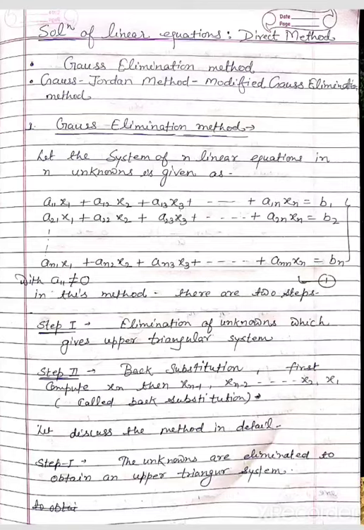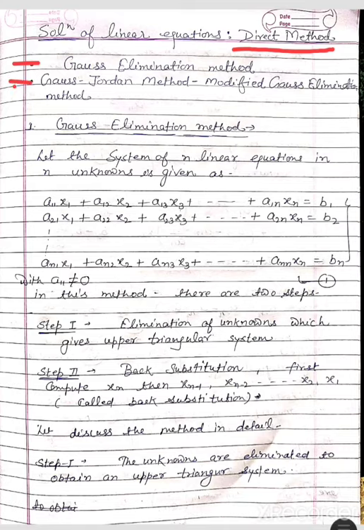Namaskar. Today in the numerical analysis paper we will study the topic solution of linear equations by direct method. In the solution of linear equations by direct method we will discuss two direct methods.